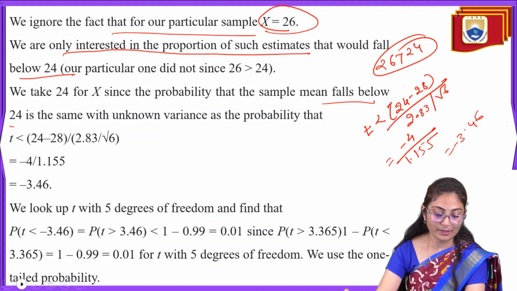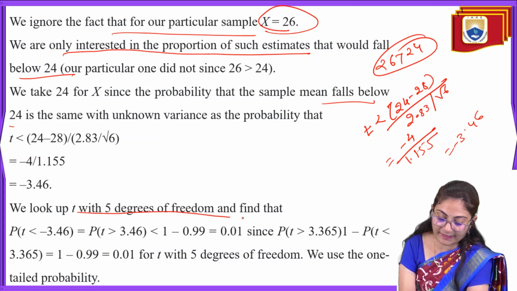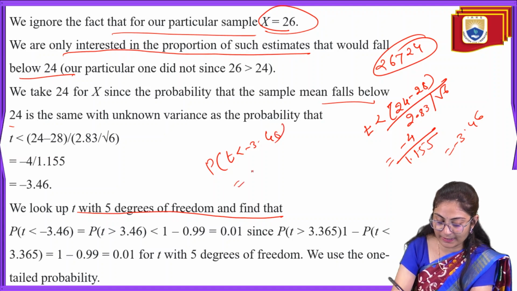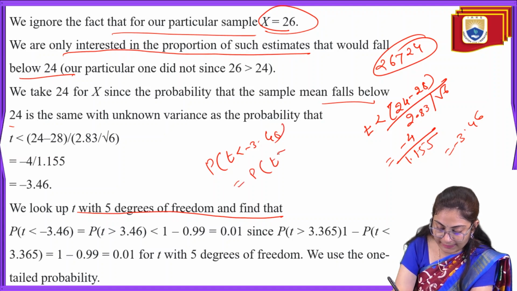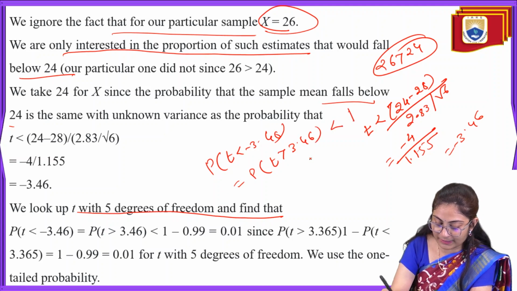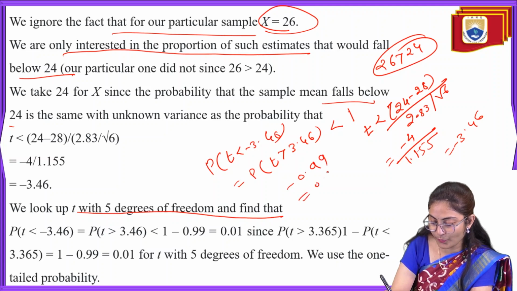Now look up t with 5 degrees of freedom and find P of t less than minus 3.46. So P of t greater than 3.46 is less than 1 minus 0.99, so you will get 0.01.